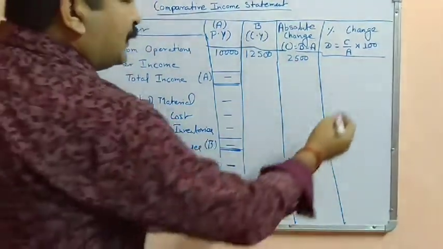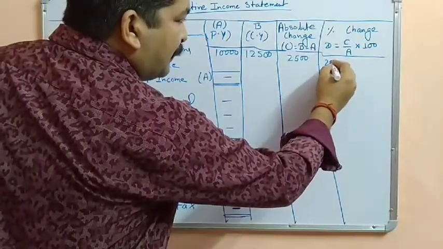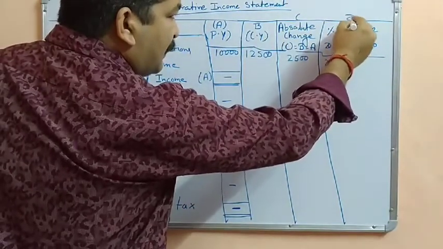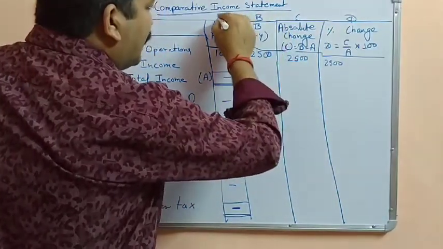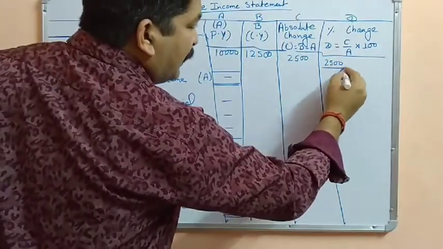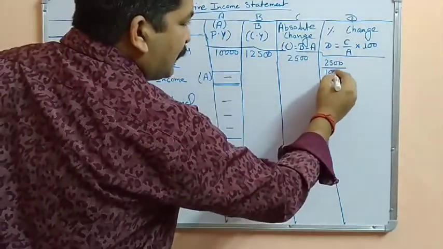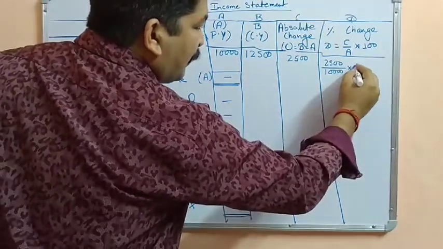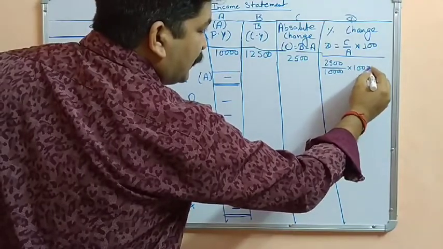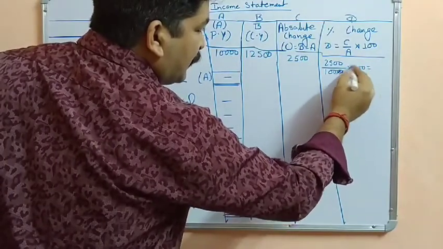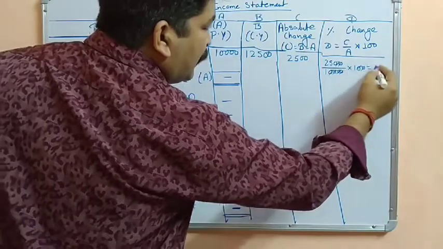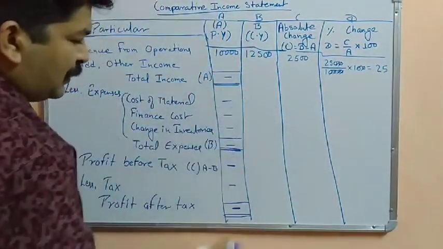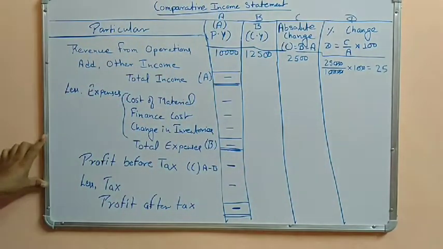Then what is the percentage change? 2,500, that is the value of C. This is C, this is D, this is B and this is A. 2,500 divided by 10,000 multiplied by 100. We will get 25. You have to put here 25. Like this we have to count all. Okay, thank you.